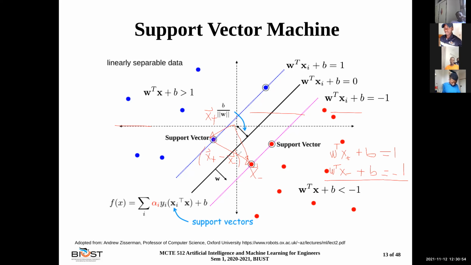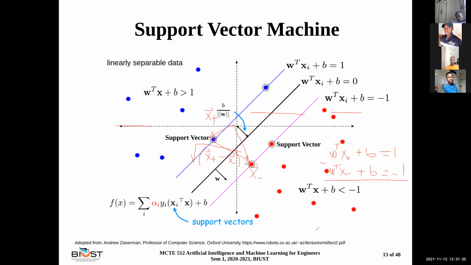Because this distance is this vector, you subtract the two vectors, then divide by the norm. You take the norm of that. Using the same principle of subtracting those two vectors, we subtract that vector against that vector, and that gives us that value.